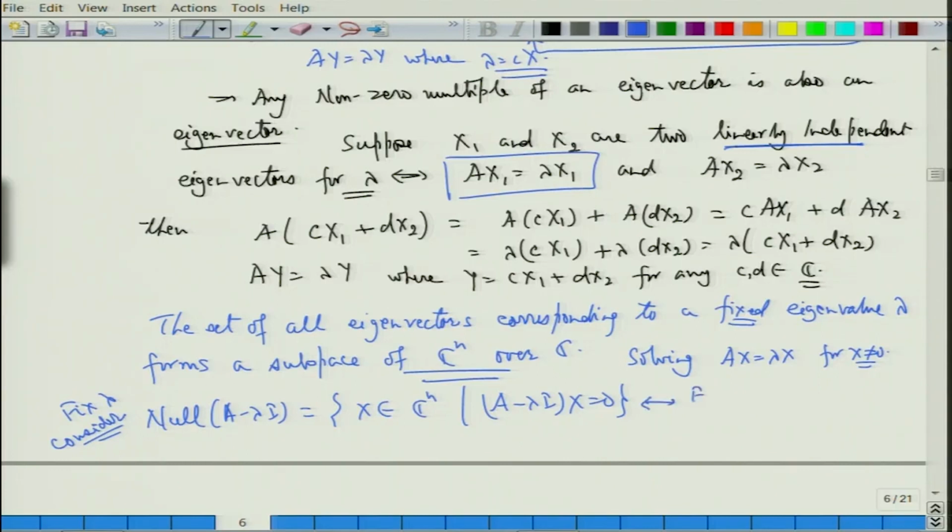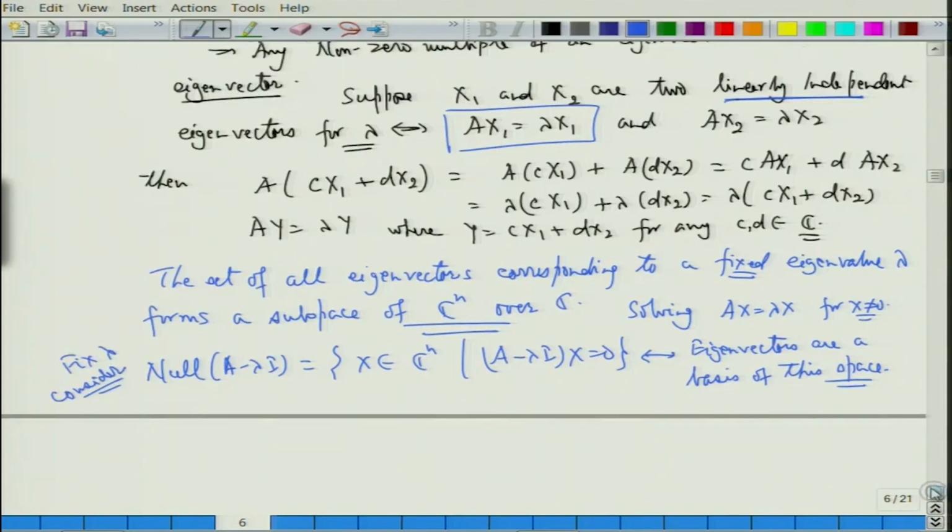So eigenvectors are a basis of this space. An important thing that you need to understand here is that when I want to give you a set of eigenvectors, those eigenvectors must be linearly independent.